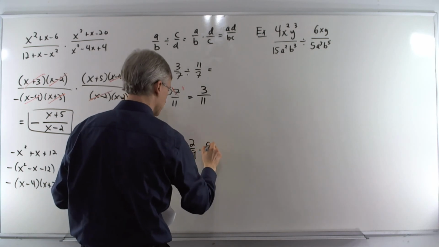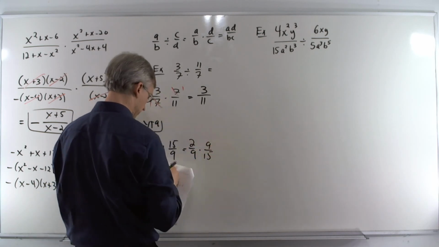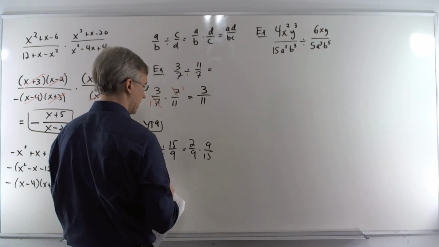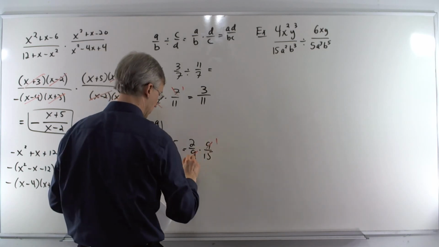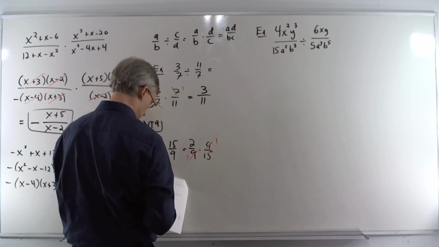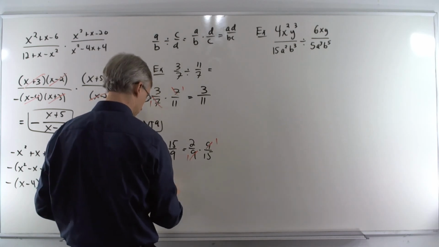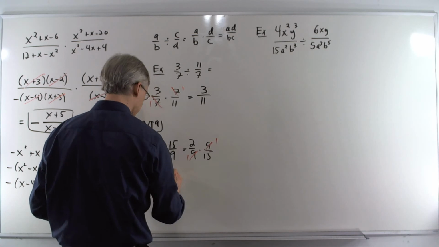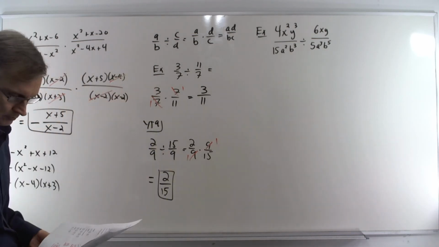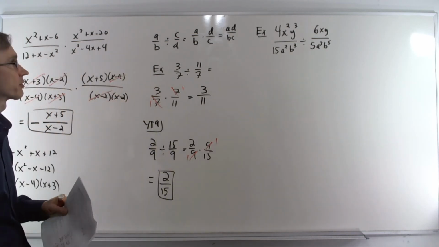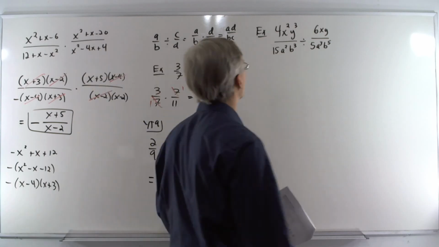We got 2 ninths times 9 15ths. 9's cancel. And that gives us 2 15ths. Next up, we're going to throw some variables in there.